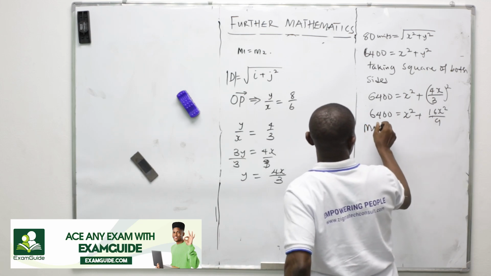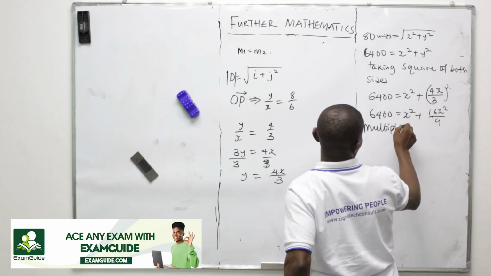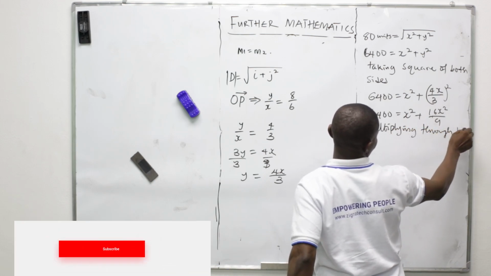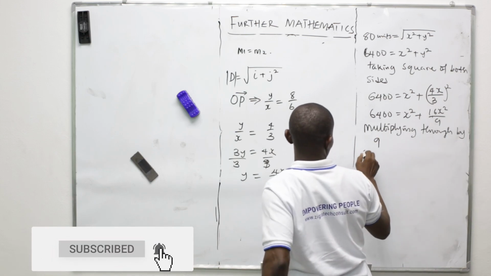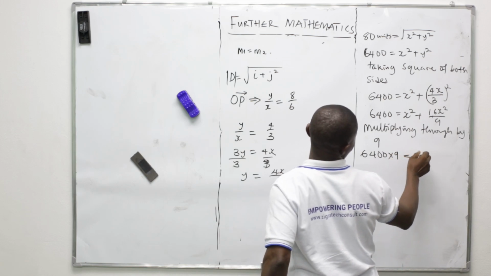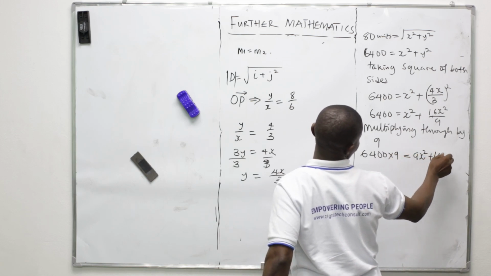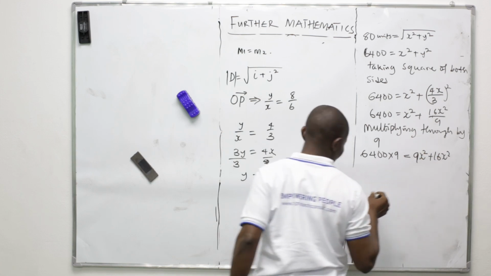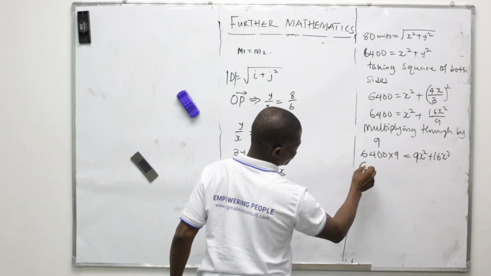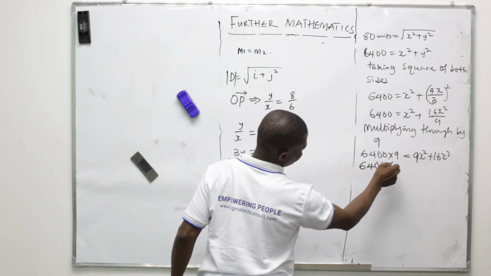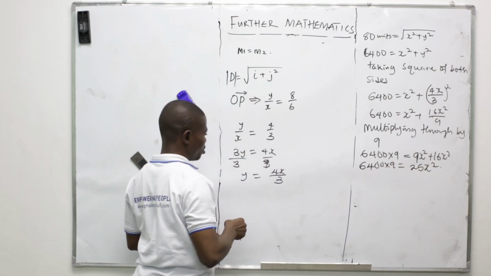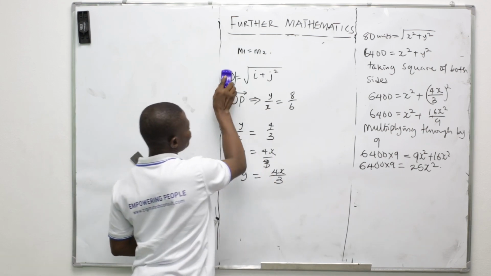Multiplying through by 9, we're going to have 6400 times 9 equals 9x squared plus 16x squared. So that 6400 times 9 equals 25x squared. We'll have this if we multiply this by this.